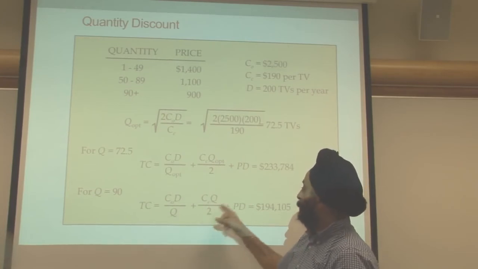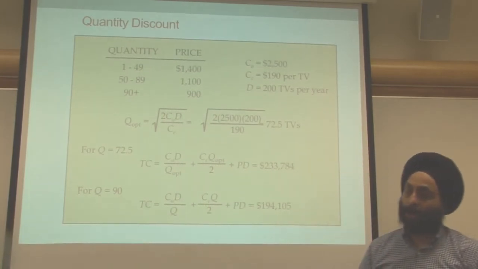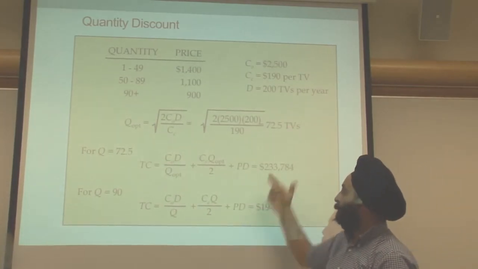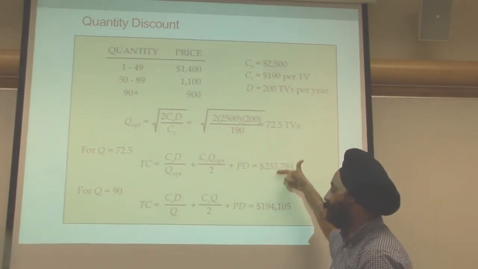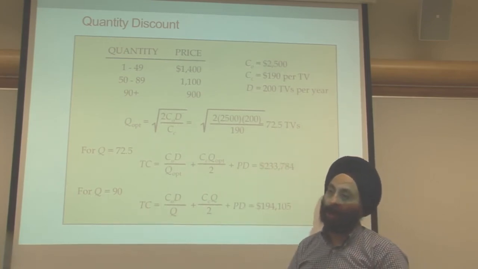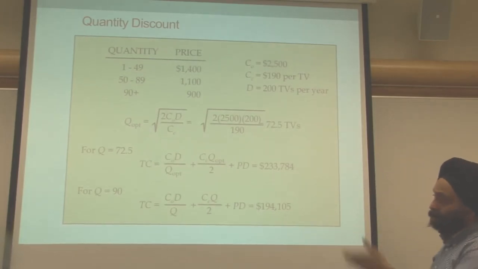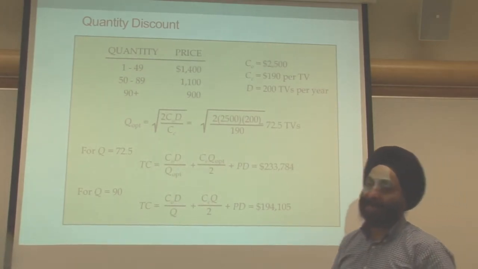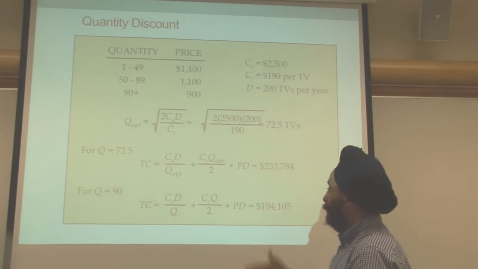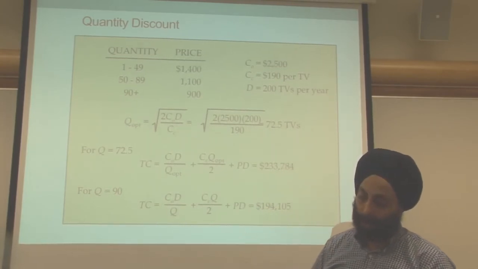But the total price that you pay for the product also goes down. So notice that in this case, it is actually economical to take the quantity discount. If your demand is 200 TVs per year, it makes sense to order 90 units at a time and reduce your cost by approximately $40,000.